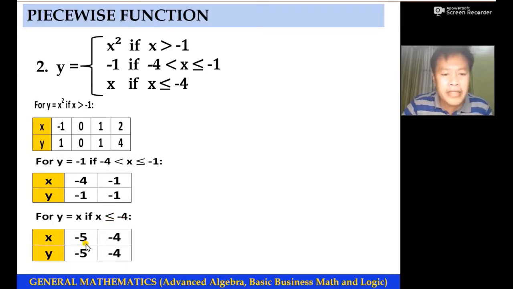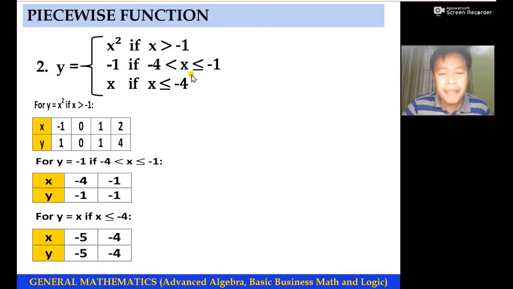Now, you are going to start with -4 here, and you're going to put negative 4 on the right side of our table because you are going to negative infinity. Do not start here because that will not give you a correct graph later on.